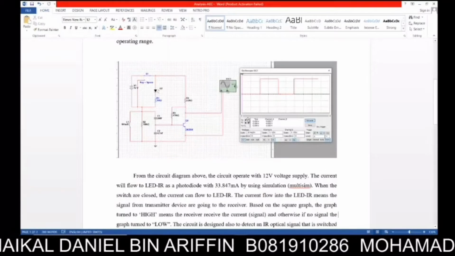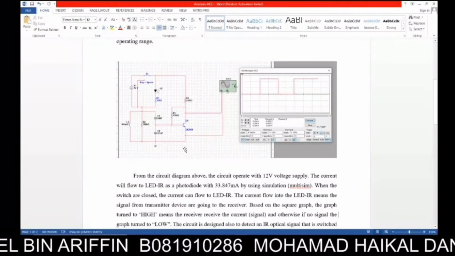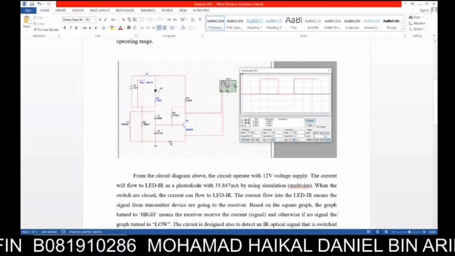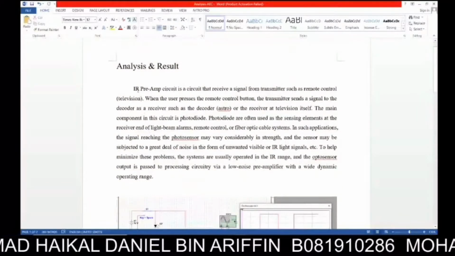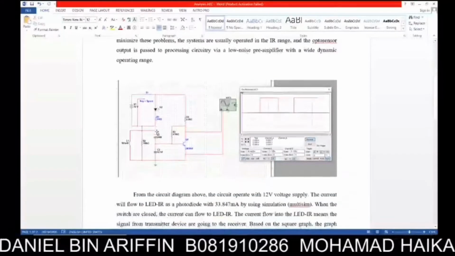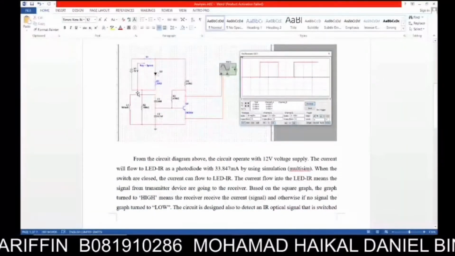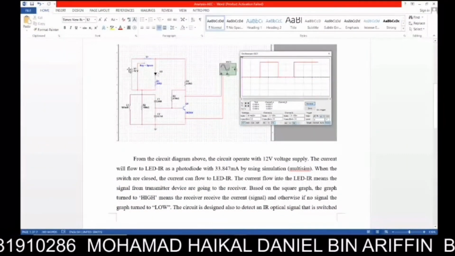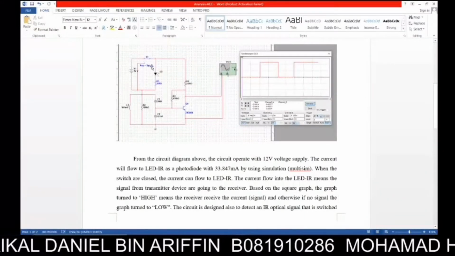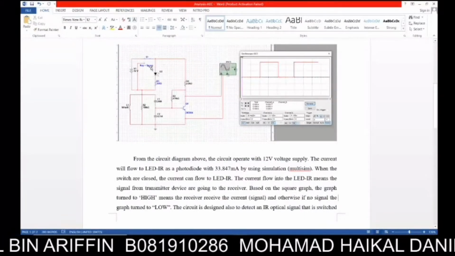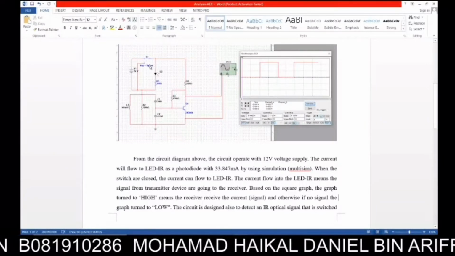So this is the diagram of the circuit that we constructed for the IR preamp circuit. This is the 12 volt voltage supply, and this is the SPDT, single pole double throw, switch.